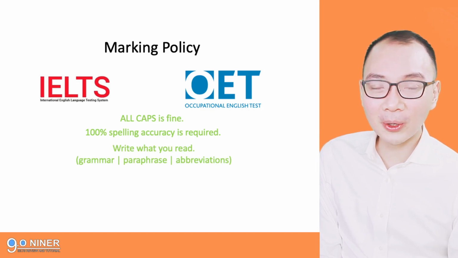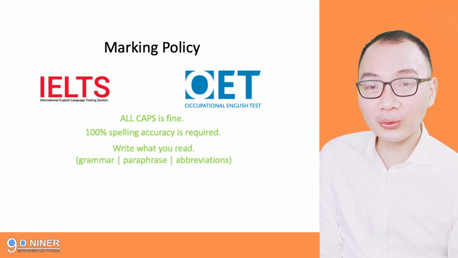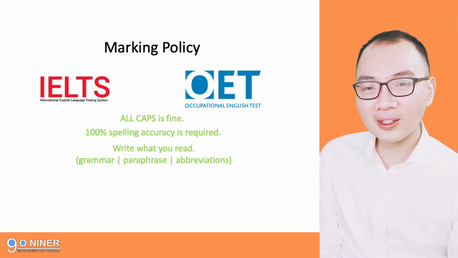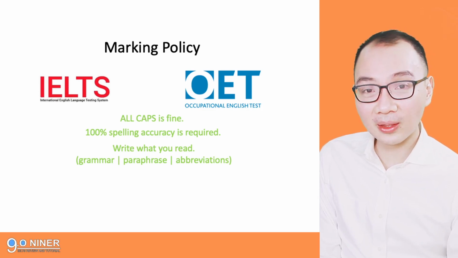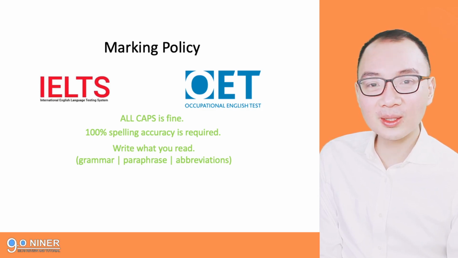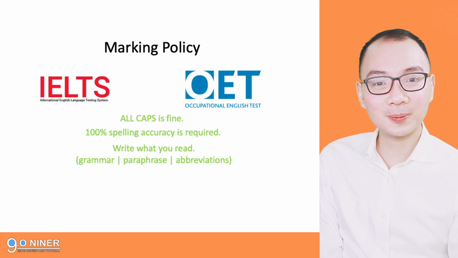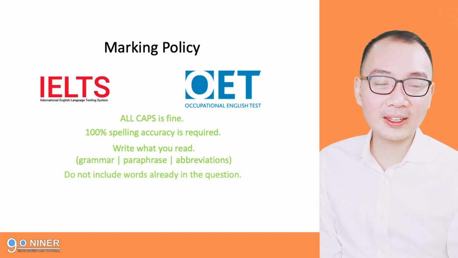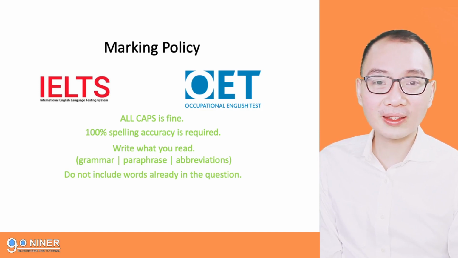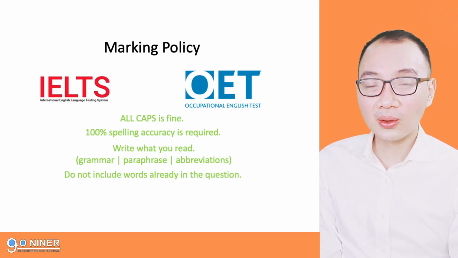And to reiterate the point, it's important to write what you read in the passage. No abbreviations, no paraphrasing, no changing of the grammar, nothing. What is written down in the passage, this is what the candidates must write down as answers. Similarly, just like in listening, one must not write down as answers words that are part of the question.